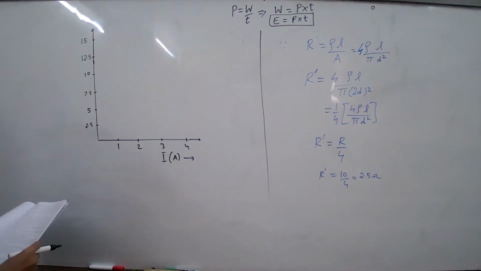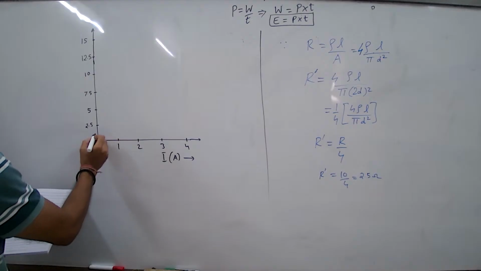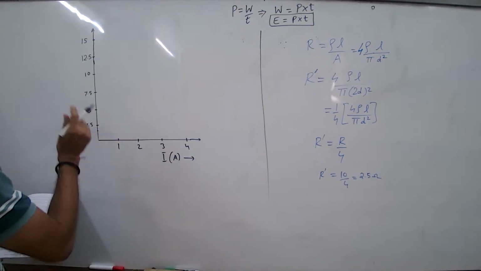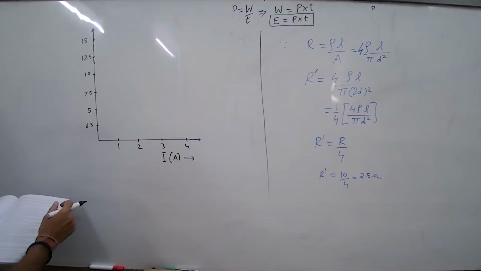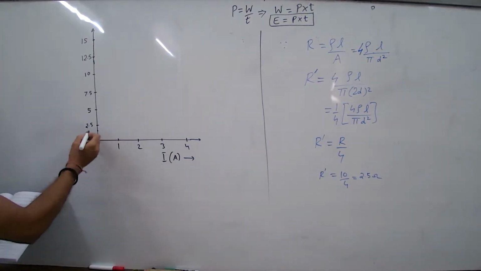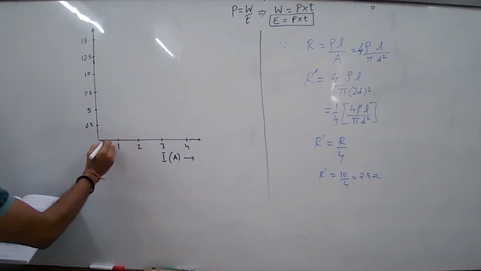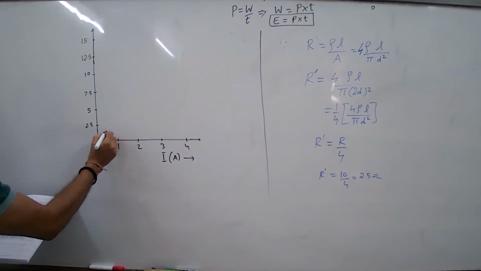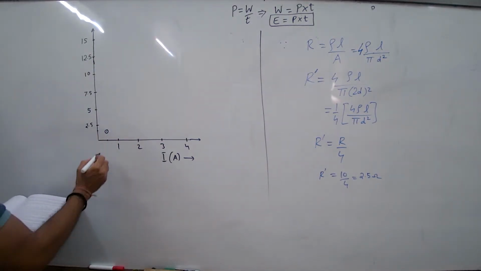So what is the graph here? There will be 1.6 somewhere here. It will be a little more, right? And the current is 0.5. It will be somewhere here. And then the next is 3.4.